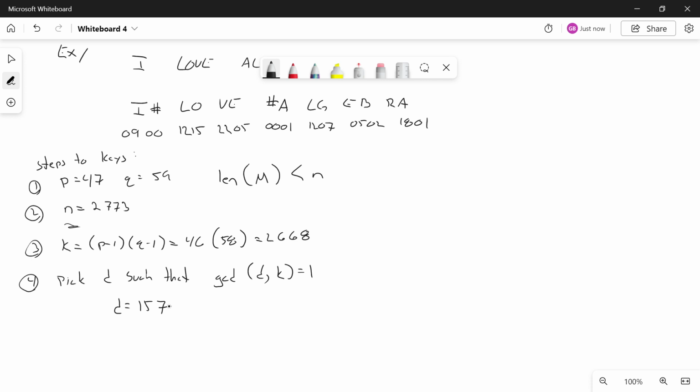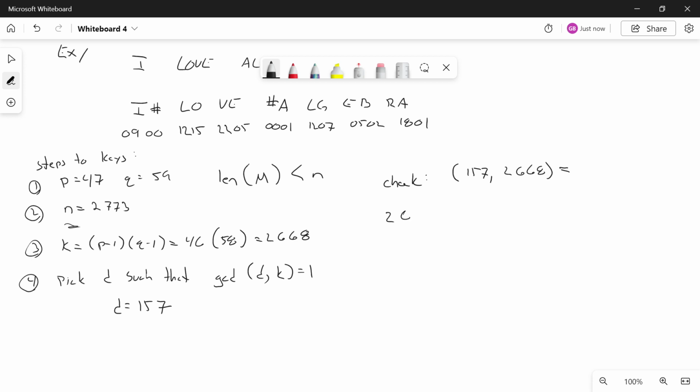Now, we can test whether or not this is true using the Euclidean algorithm. So if we do a check here, we're looking to solve for the GCD of 157 and 2,668. Well, let's go through the process.